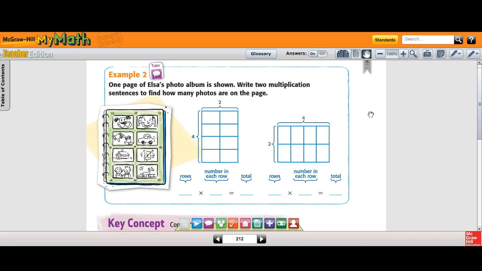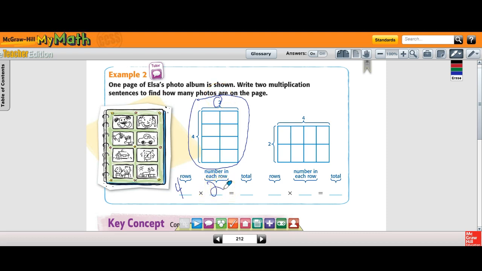Here's another example. It says one page of Elsa's photo album is shown. Write 2 multiplication sentences to find how many photos are on the page. Do the first one. We want to know how many rows she has on this one. 4. How many in each row? It tells you right there, 2.